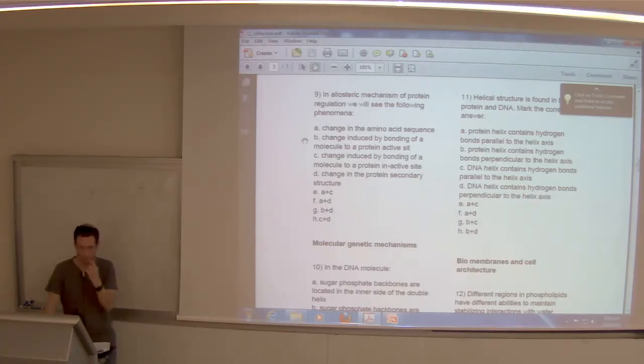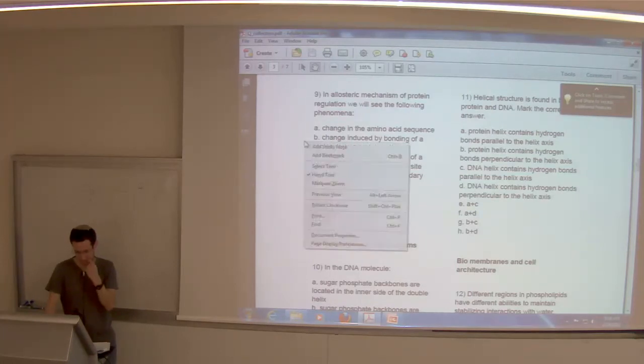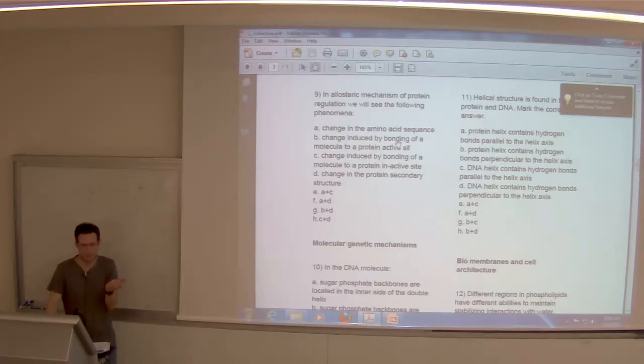Change induced by binding of the molecule to a protein active site. What do you think? Allosteric mechanism is any binding of a molecule that induces change at any place other than the active site of a protein.